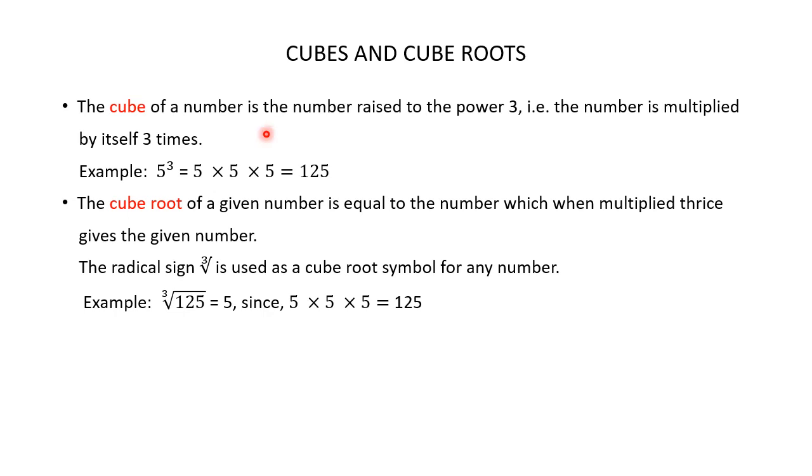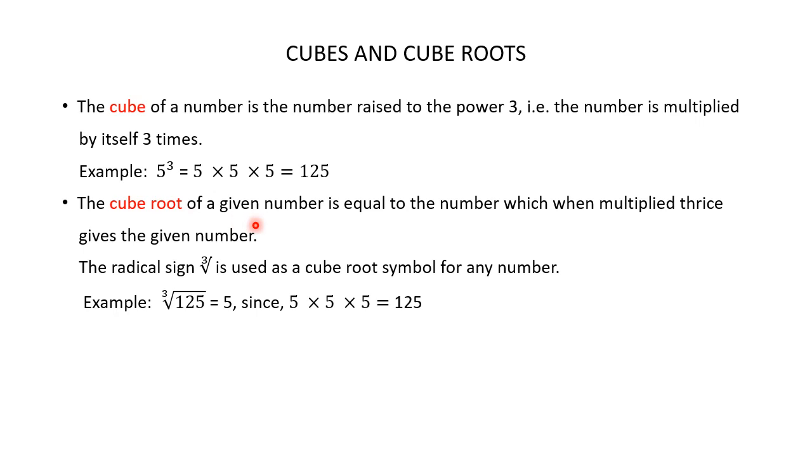Cube of a number, the number is multiplied by itself 3 times. So 5 cubed means 5 is multiplied by itself 3 times. That is 5 multiplied by 5 multiplied by 5, which is nothing but 125. So the cube of 5 is nothing but 125.